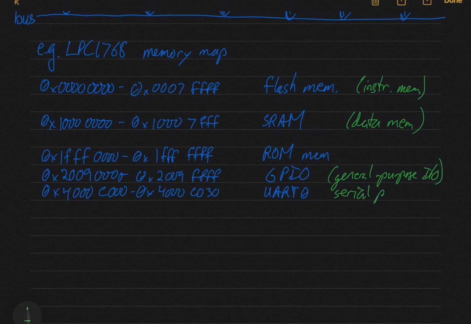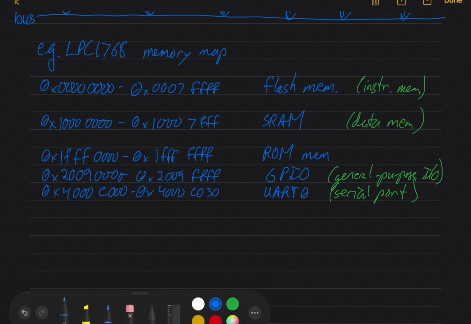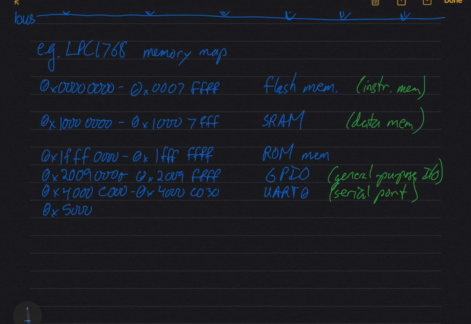It's one of the 4 serial ports that are part of this chip. And one more. So address 50 million to address 50000FF4. That is the range of addresses for the registers for the Ethernet controller.